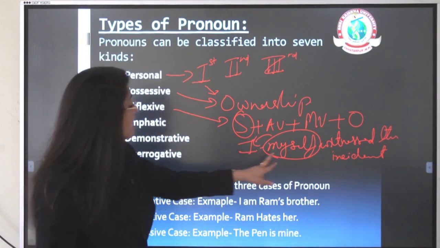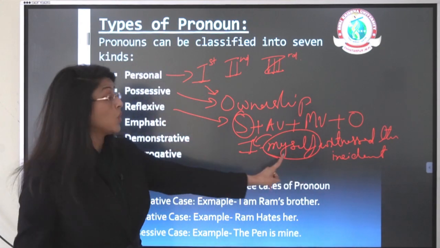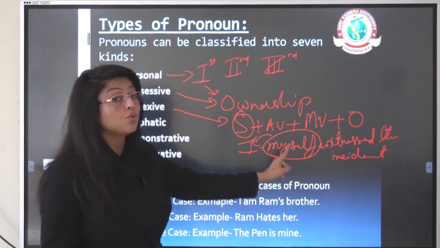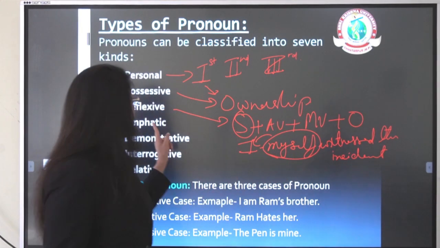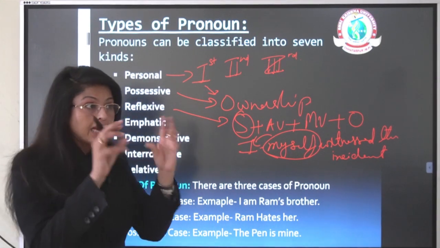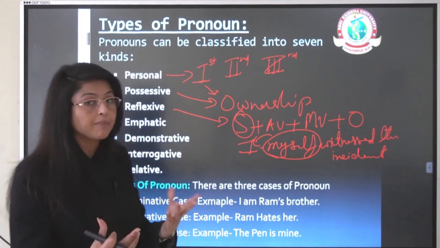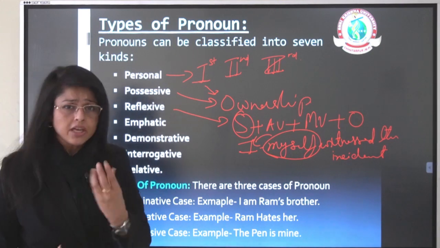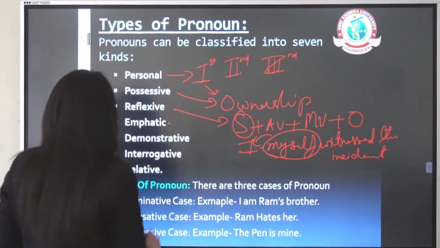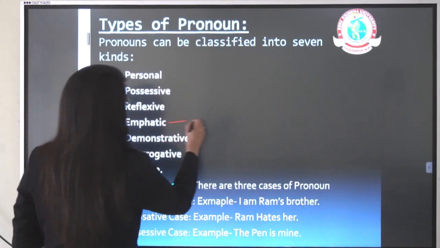At the same time, these same pronouns can also be used as emphatic. Now, what are emphatic pronouns? Emphatic pronouns are used to highlight something, to emphasize something. Just understand the meaning of the word and you will understand what type of pronoun it is.